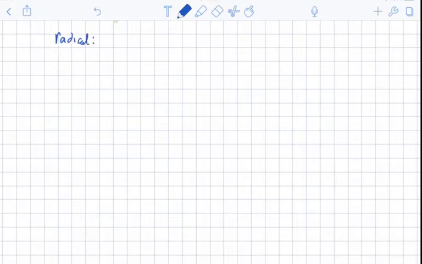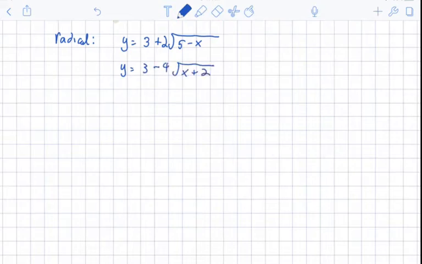The basic radical expressions that we'll expect you to talk about will look something like this. Plus 2 square root of 5 minus x. Or maybe it'll look like 3 minus 4 times square root of x plus 2. Or maybe it will look like this: 7 plus square root of x minus 3. Something like that, okay?